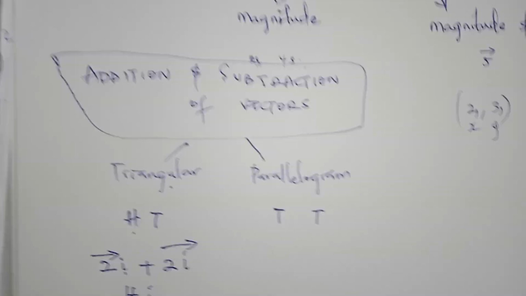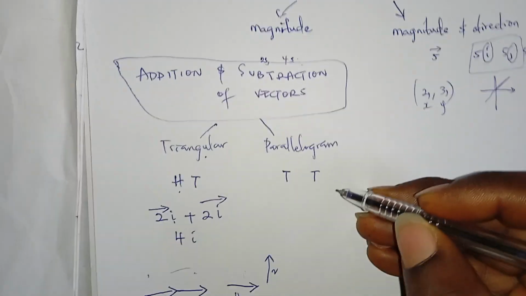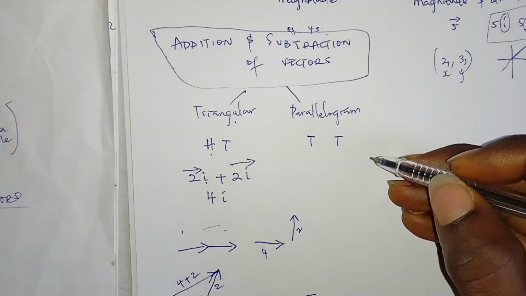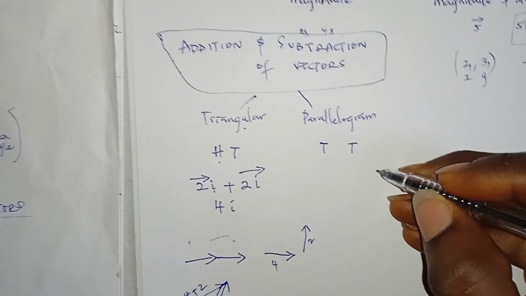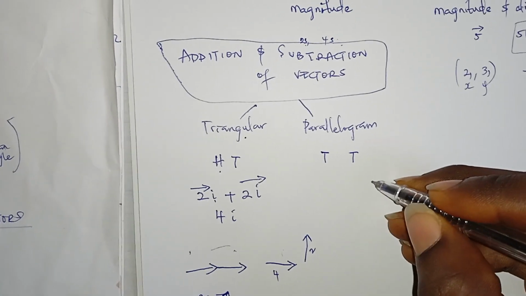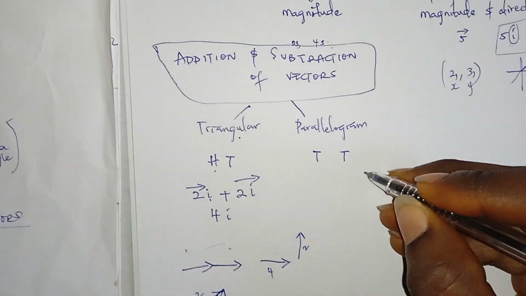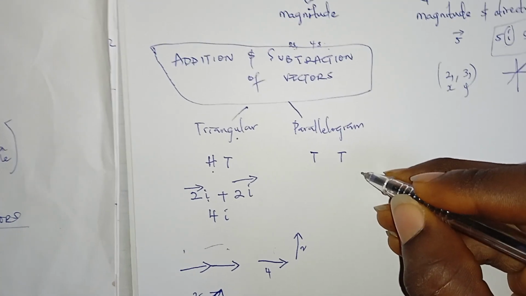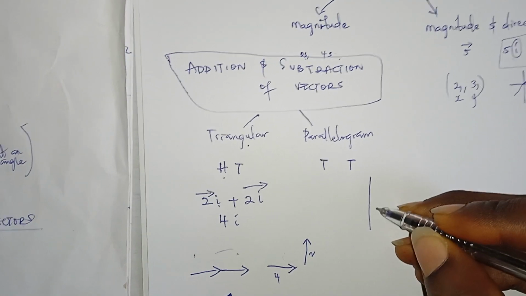Now let's move to the parallelogram method. The parallelogram law states that when you have two forces, the resultant can be gotten. Let's say I have the two forces this way now.